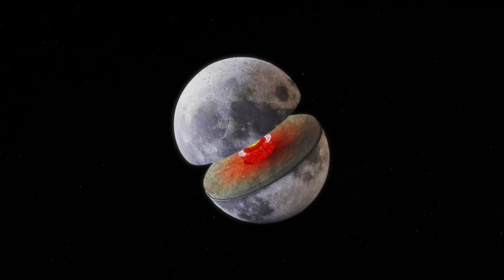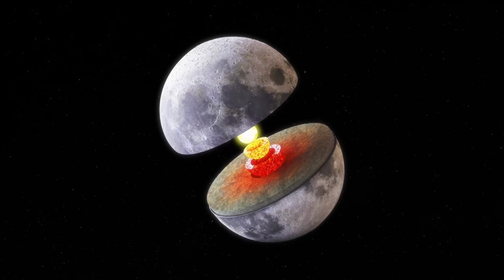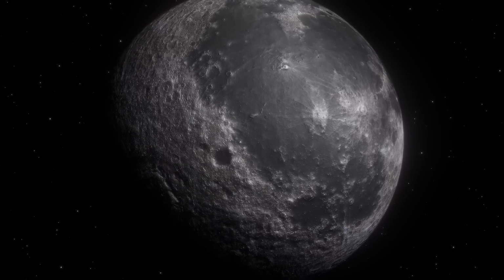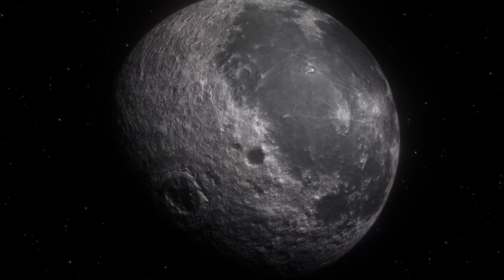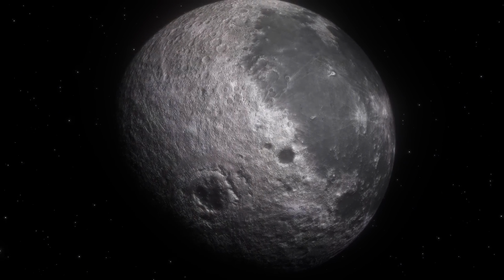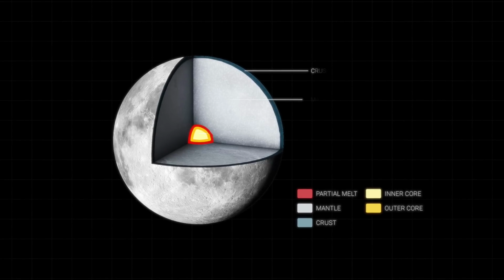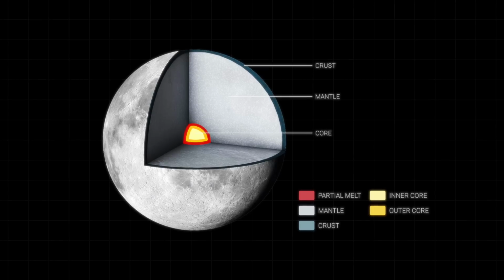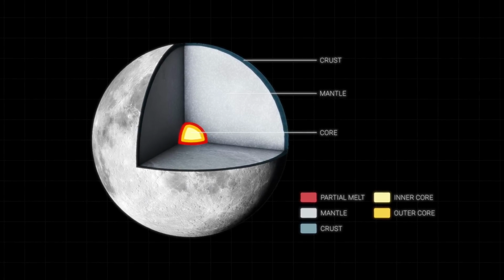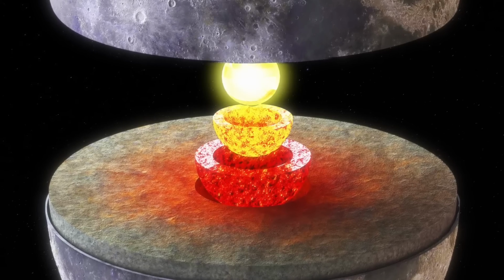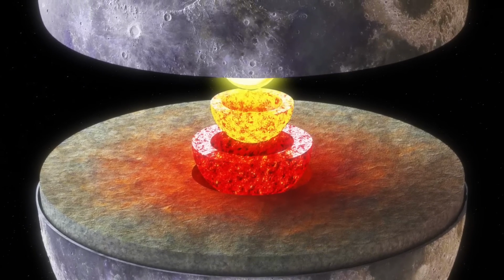One of the most intriguing recent discoveries about the moon is deep beneath its surface in its core. For a long time, the nature of the lunar core remained a mystery, but recent research has shed new light on its composition. Like the Earth, the moon has a layered structure with a crust, a mineral-rich mantle, and a core. But unlike the Earth's molten outer core, the moon's core is thought to be mostly solid.